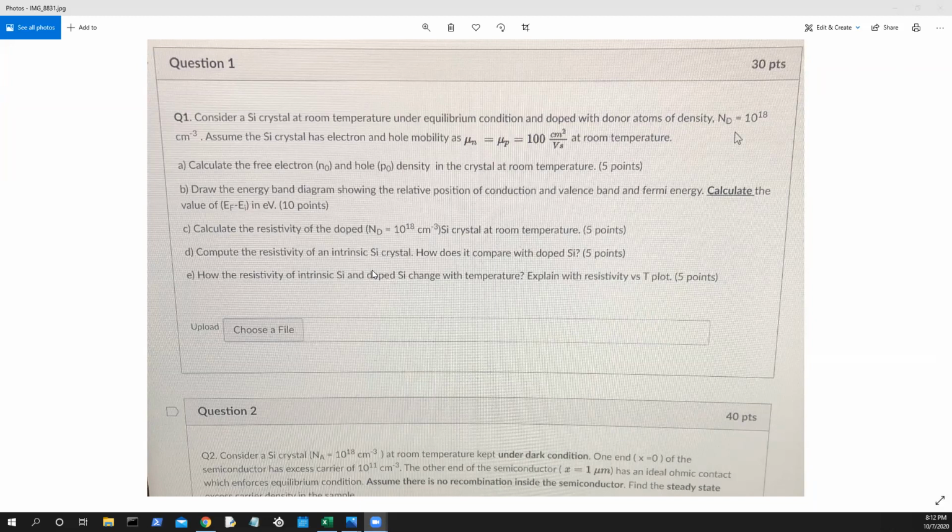Let's check the formula sheet. Yeah, Ni is in the denominator, and then it's divided by the majority carrier here. So we would do Nd divided by Ni inside of the ln. And the KT over Q is a known quantity.